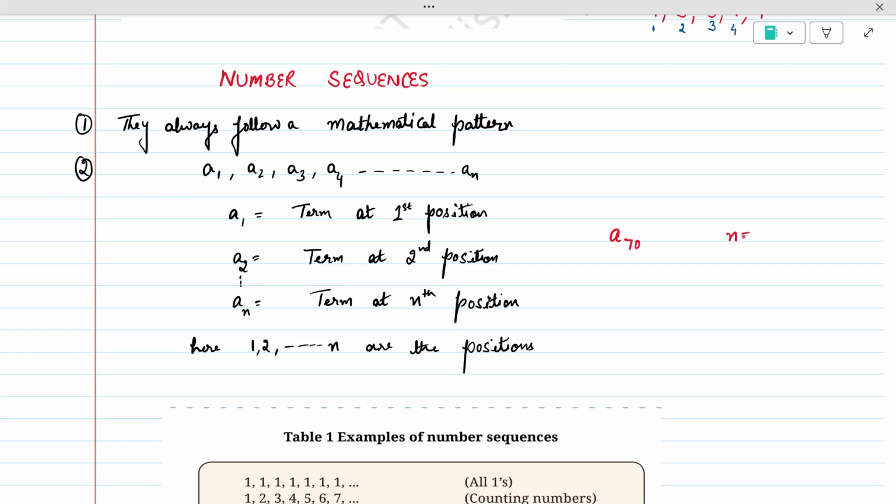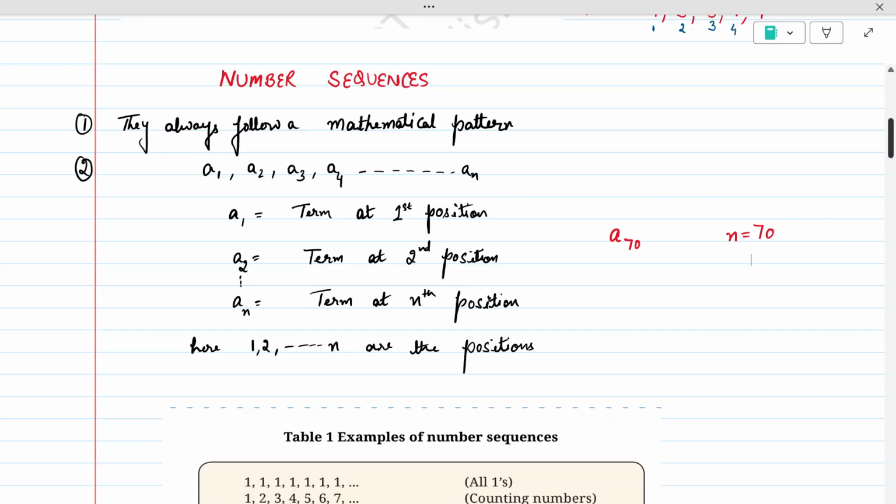Here N will be 70. Means at the 70th position, we have to find the term which is present in that particular sequence. So this is how we define a sequence in mathematics.